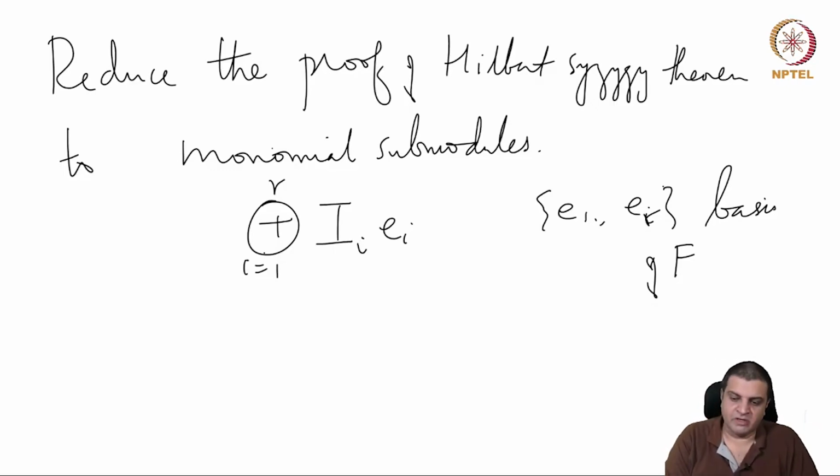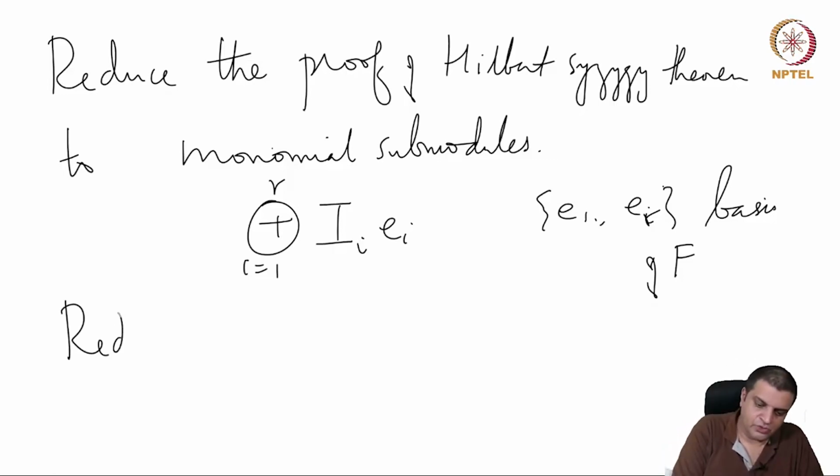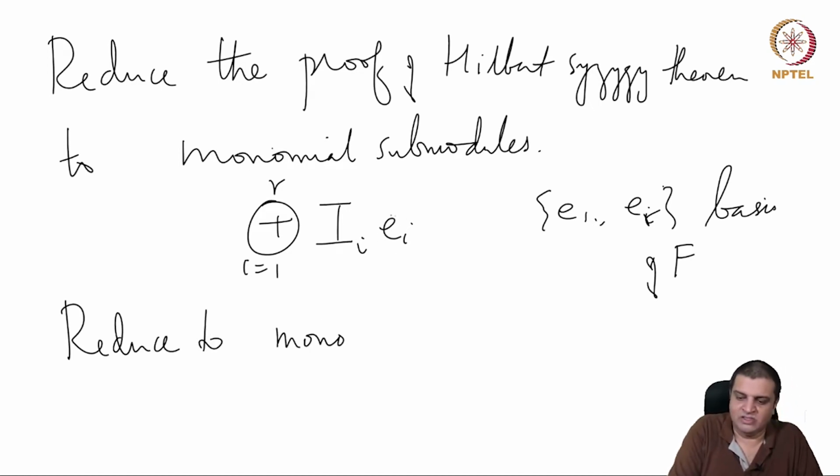It is not very difficult to check that if you take the minimal resolution of each one of the components, the direct sum of the complexes will give a free resolution of the direct sum. So therefore, we further reduce to monomial ideals, to each component of this. You just have to prove it for I.